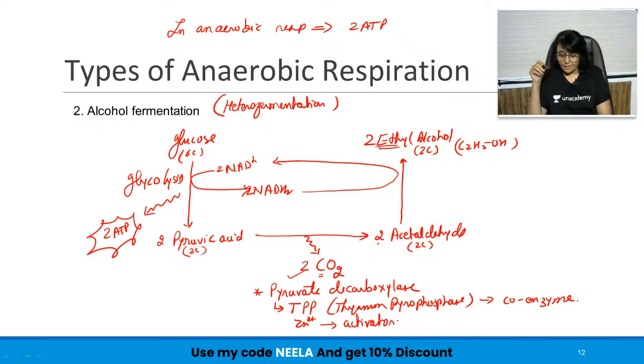Okay, activator and coenzyme. Enzymes need some protein molecules which are going to help them, some non-protein molecules which are going to help them, and some mineral ions which are going to help them. So the coenzymes are organic molecules which are temporarily attached to the enzyme.